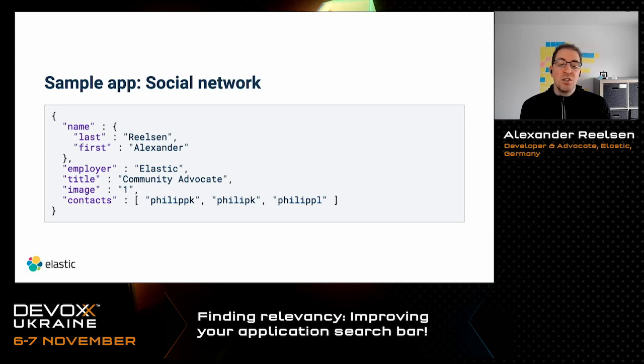And then there's the list of other contacts. So whenever we accept a contact, this list of contacts would just be expanded. Same for the person who received this request. So in this example, Philip K will have me as a contact, and I will have Philip K as a contact, and this for all the others as well. So those are basically the IDs of the other contacts.